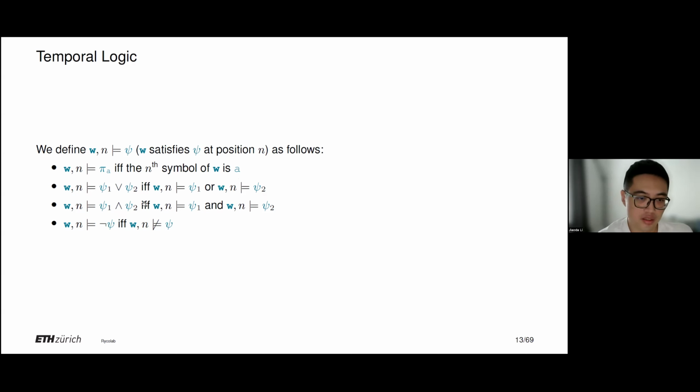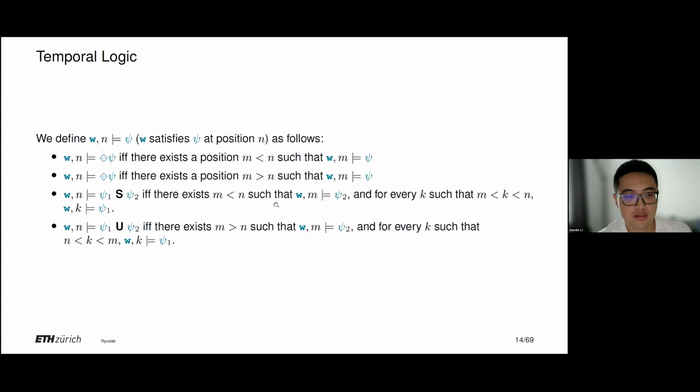The Boolean connectives are defined the conventional way. For example, if you have psi1 or psi2, then w, n satisfies it if and only if one of psi1 or psi2 is satisfied. And the temporal operators are defined as follows.